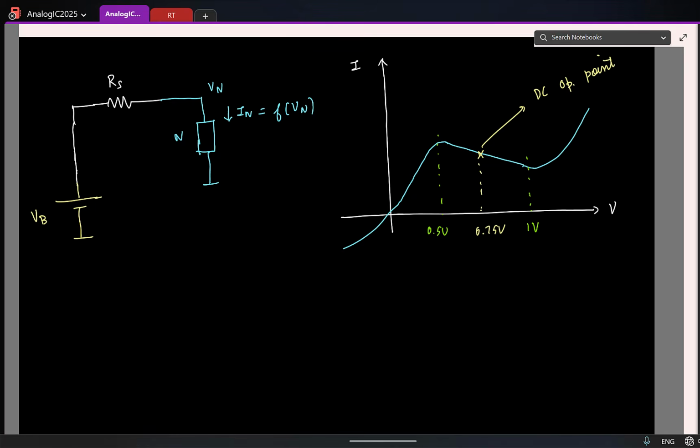So let us say I apply KCL at this node. Sum of the currents leaving the node is 0. What is the current flowing from right side to left side? (Vn minus Vb) by Rs. So that is this current. So this current plus the current flowing down, sum of the two is 0, and the current flowing down is f of Vn, some nonlinear function of Vn.